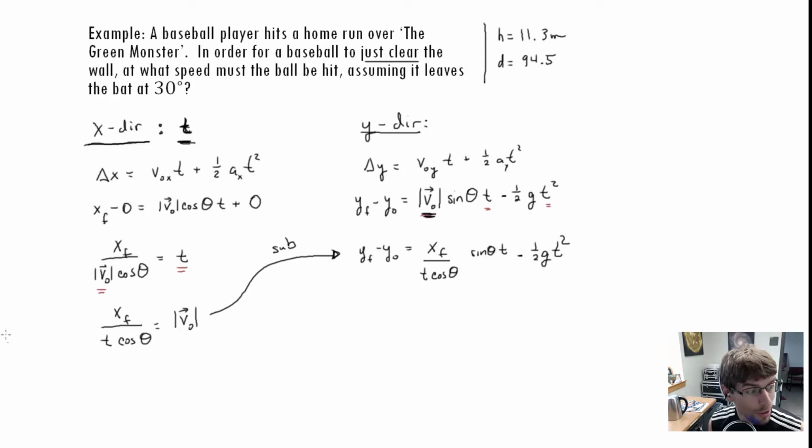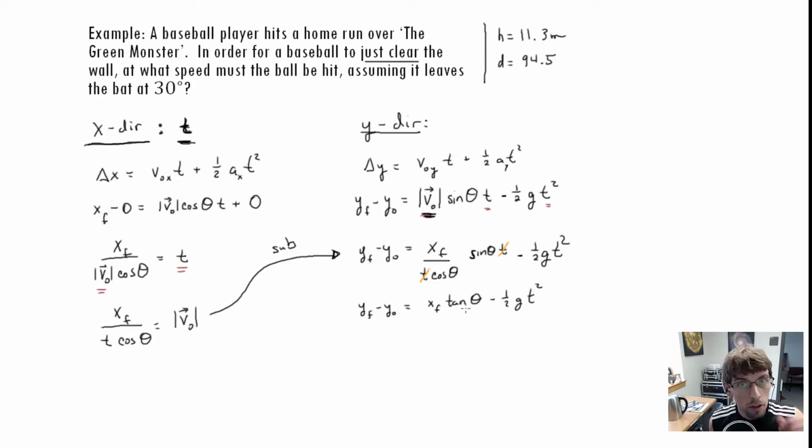And hopefully you notice, oh goody goody, I don't actually have to solve a quadratic equation. I've got a t in the numerator here, which cancels the t in the denominator there. Furthermore, sine of theta divided by cosine of theta can be written as the tangent of theta. So I have y final minus y naught equals x final tangent of theta minus 1/2 g t squared.